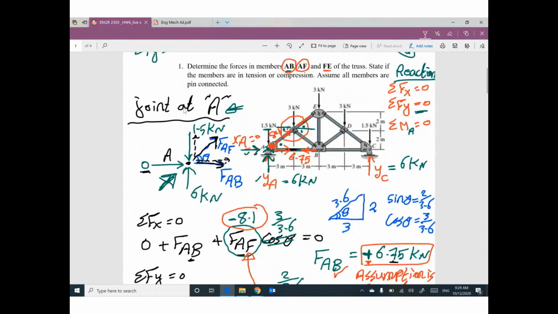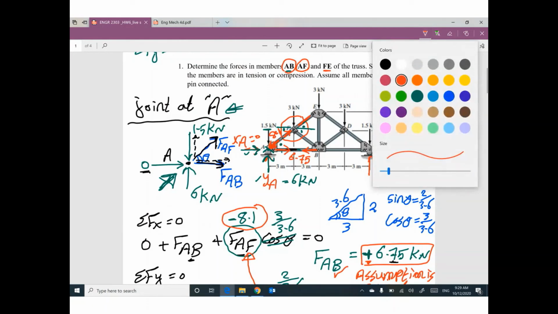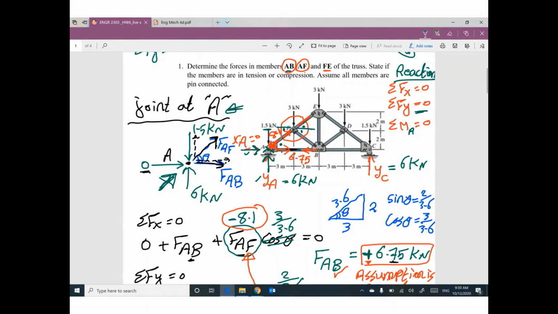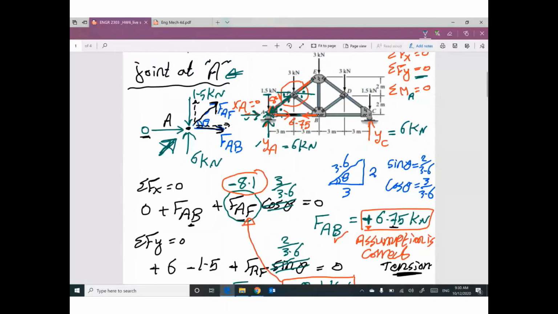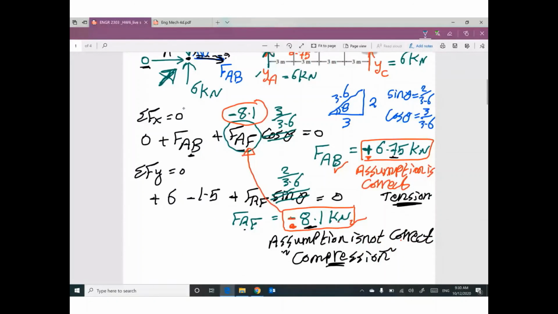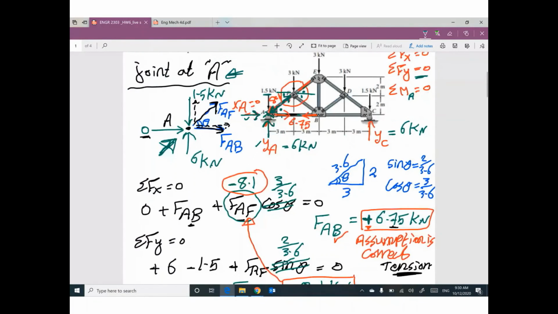My question is, these arrows, are they based on the correct direction or the assumed direction? When you put this direction and this direction for 8.1, did you put the correct direction? Yes. So please put your value 8.1 without sign, because I already put the corrected direction, this one and this one. So I don't need sign anymore.